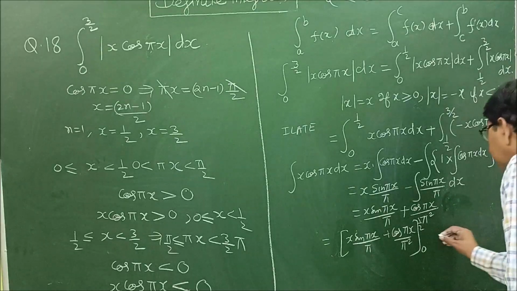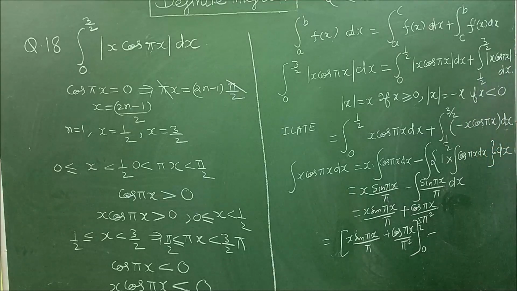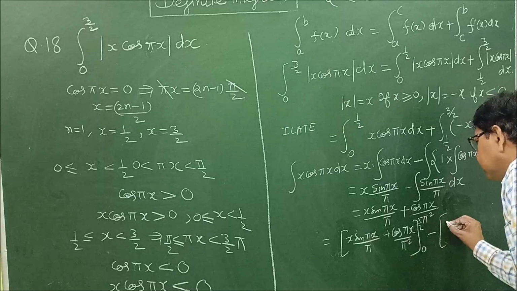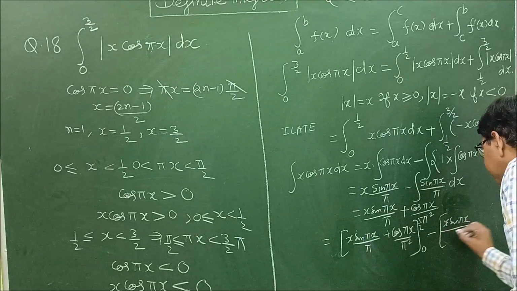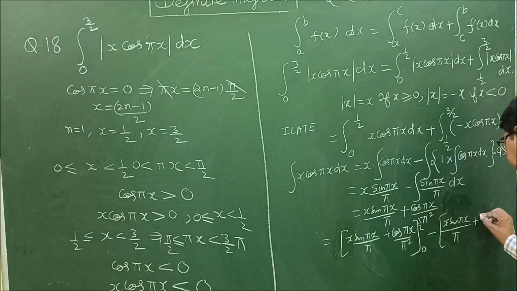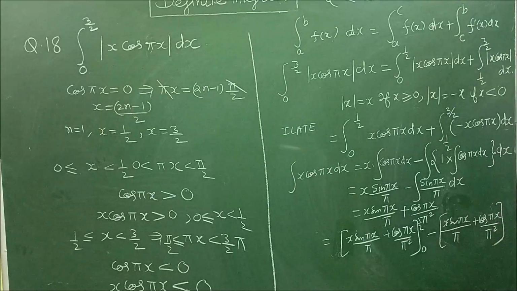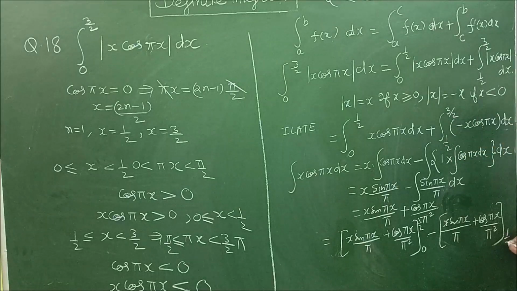Then minus sign, and the value is x sin pi x upon pi plus cos pi x upon pi square, and evaluating it within the limits 1 by 2 to 3 by 2.